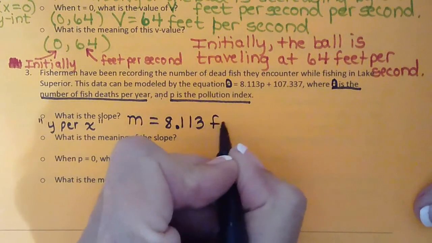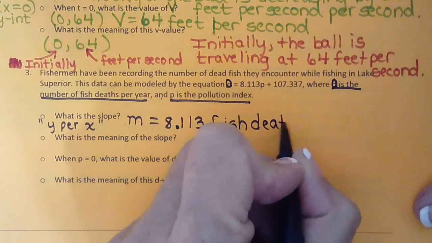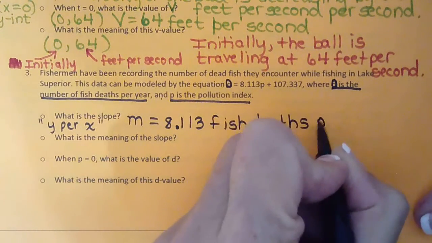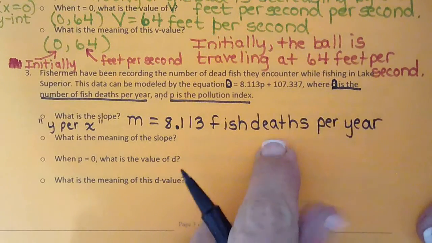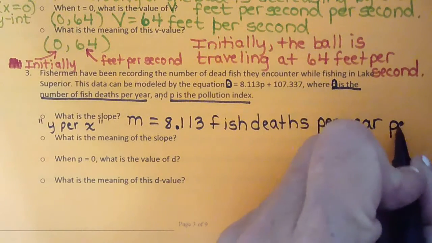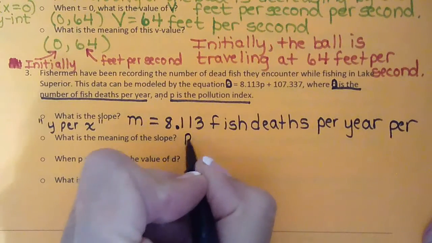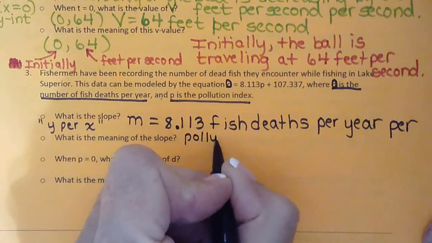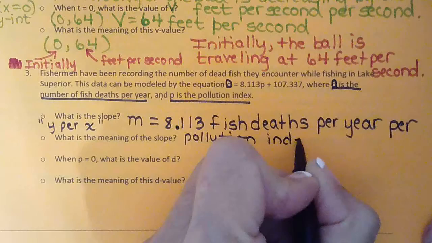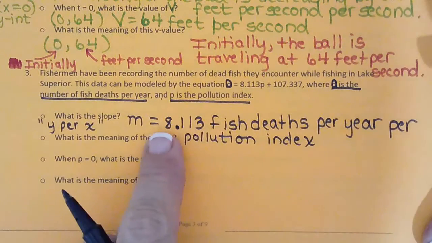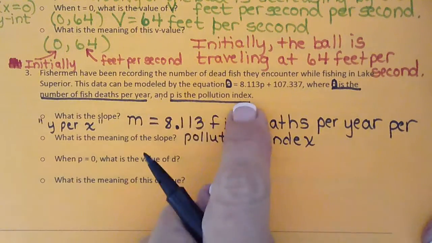So fish deaths per year. So that's my y. Then I put the word per in, and then the x, pollution index. So y, fish deaths per year per pollution index.